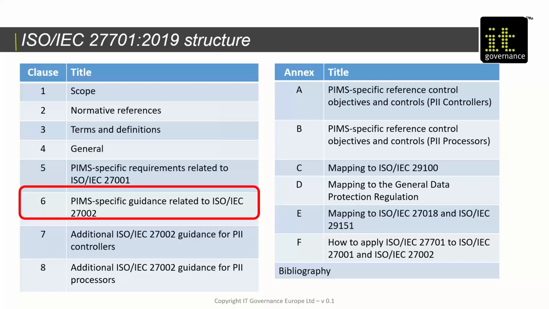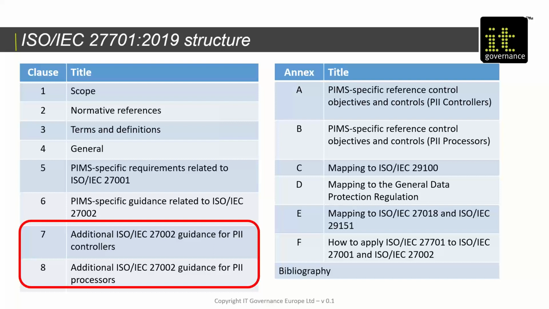Clause 6 links with the 14 control categories and 114 controls that are contained within Annex A of the ISMS standard. The guidance for implementing these controls is contained within another standard, ISO 27002. Clause 6 considers each of the 14 control categories, and it introduces new PIMS-specific guidance in all but one of these control categories.